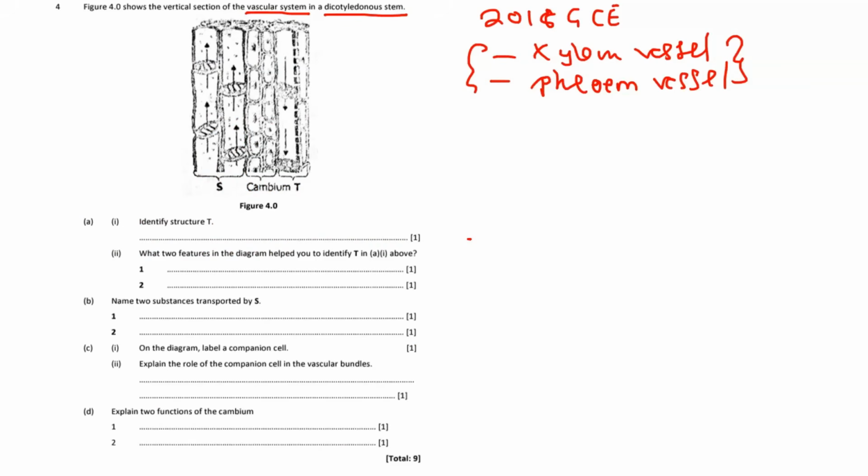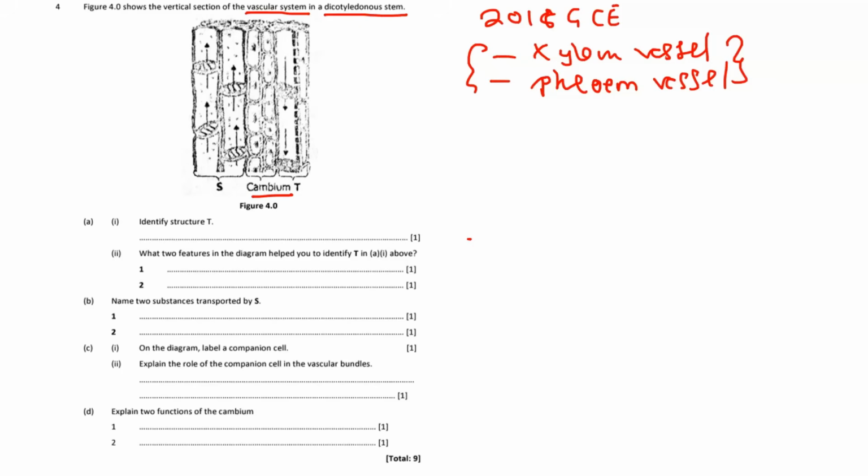Now let us see the question. Identify the structure T. How are we going to identify the structure T? I must admit that this question is also not clear, but I'm going to explain so that you understand. Here in between there's a cambium that separates the two. You know that.